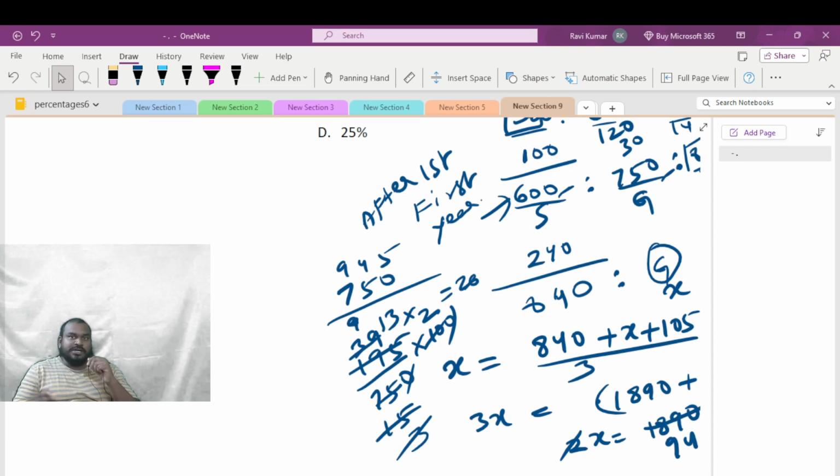No matter how many classes it takes, I'll cover all of them. Then we will go to another topic, probably averages, or else profit and loss or time and work. I'll see whichever is more important, and based on that I'll shift the topics.